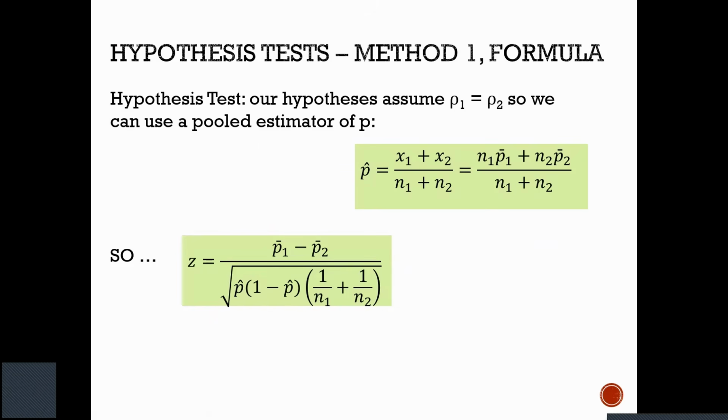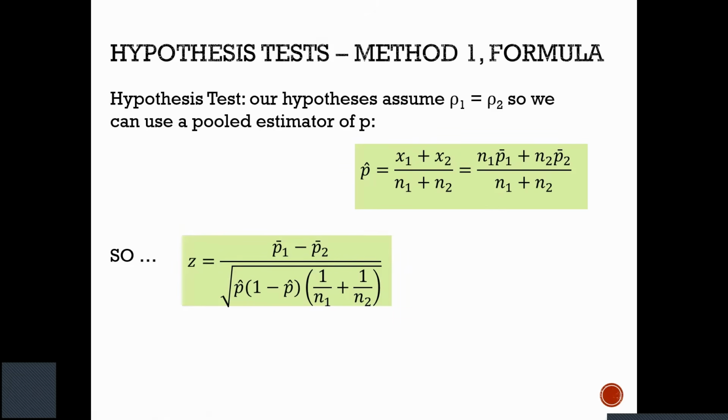Okay, so method one, doing the hypothesis test using the formula. And since our hypotheses all assume that the proportions are equal, the equal part always goes in the null, we can use a pooled estimator of the proportion now. And we talked about this before, back when we were talking about confidence intervals.